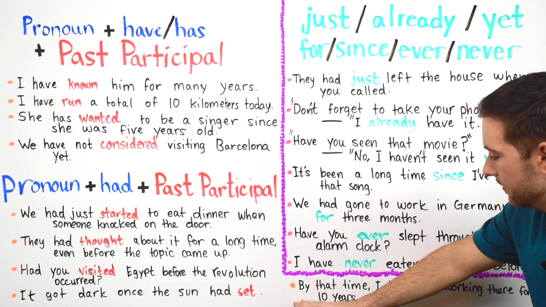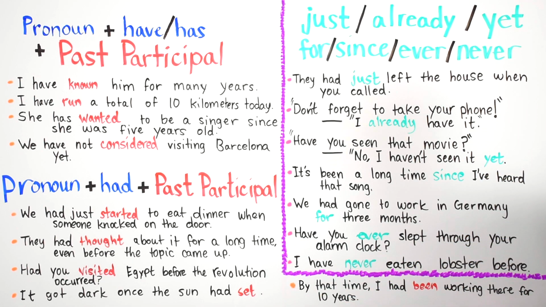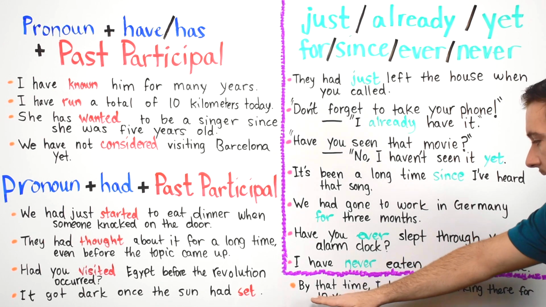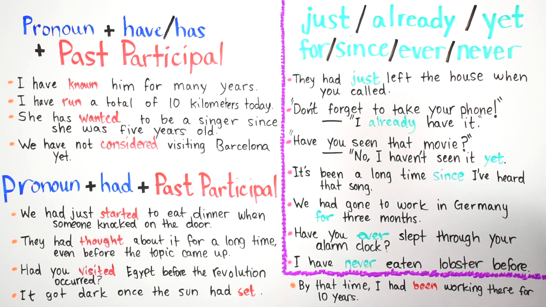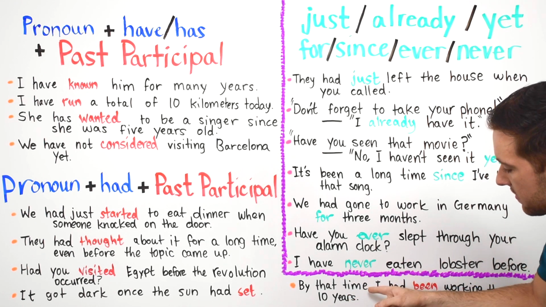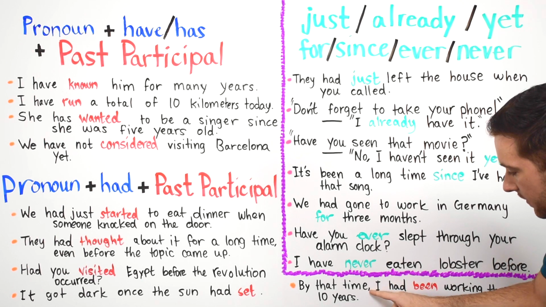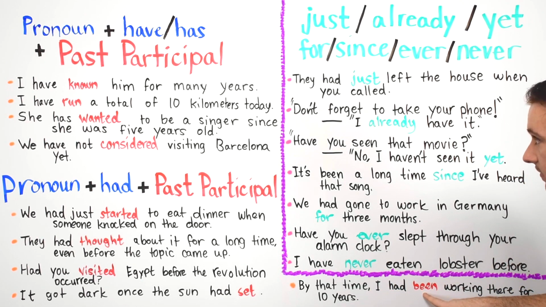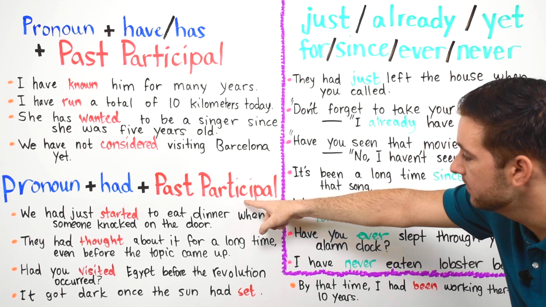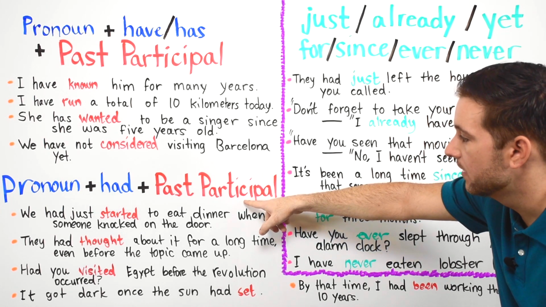All right, next we have this one. By that time, I had been working there for 10 years. We're talking about a time period, okay, and we're talking about a specific time. So by that time, comma, I had been, okay, had been, remember, past participle from the verb to be, right?